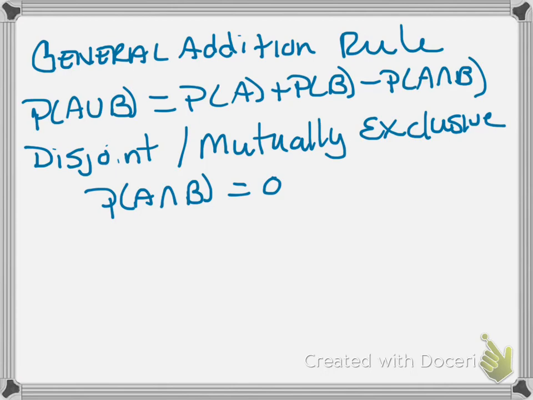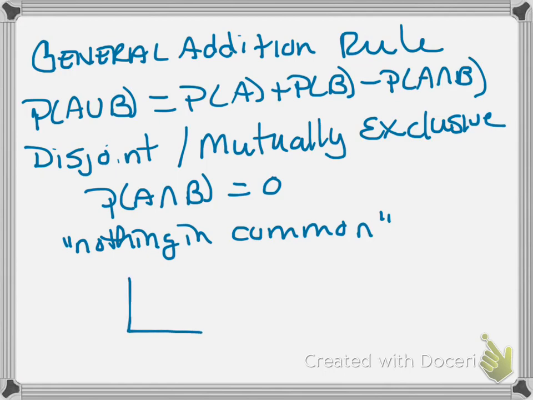That means they have nothing in common. If I was to draw a Venn diagram, here is A and here is B. See, they don't overlap? Nothing is in common.